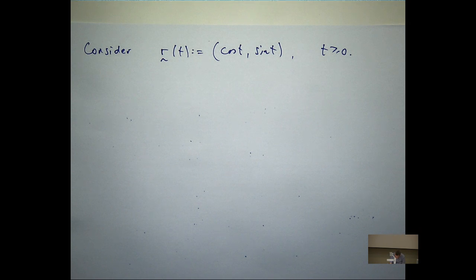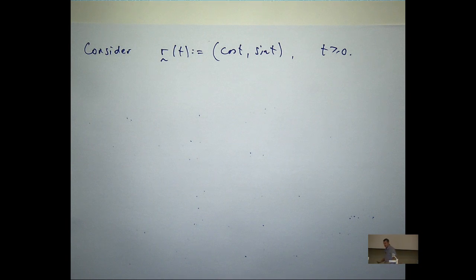It's one that we've seen before. So what would the curve associated with that function be? How could you interpret that? Just in the plane. A circle, right, the unit circle.